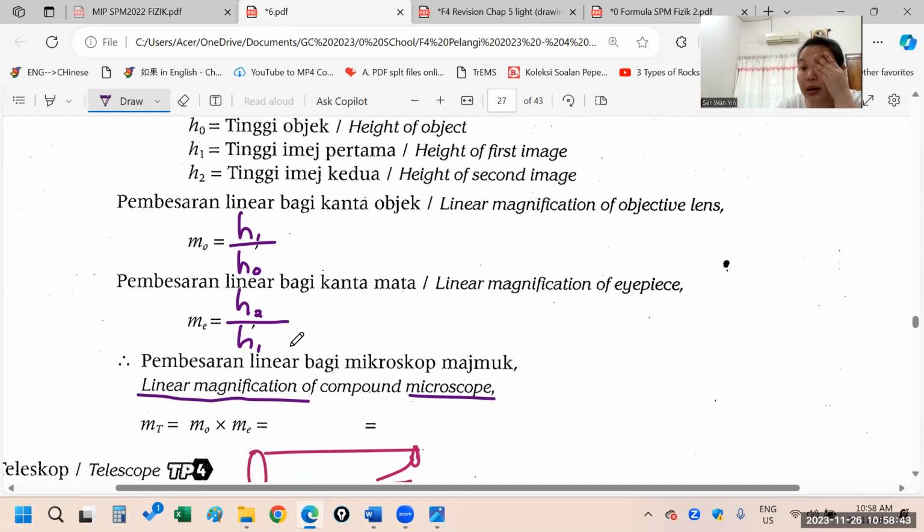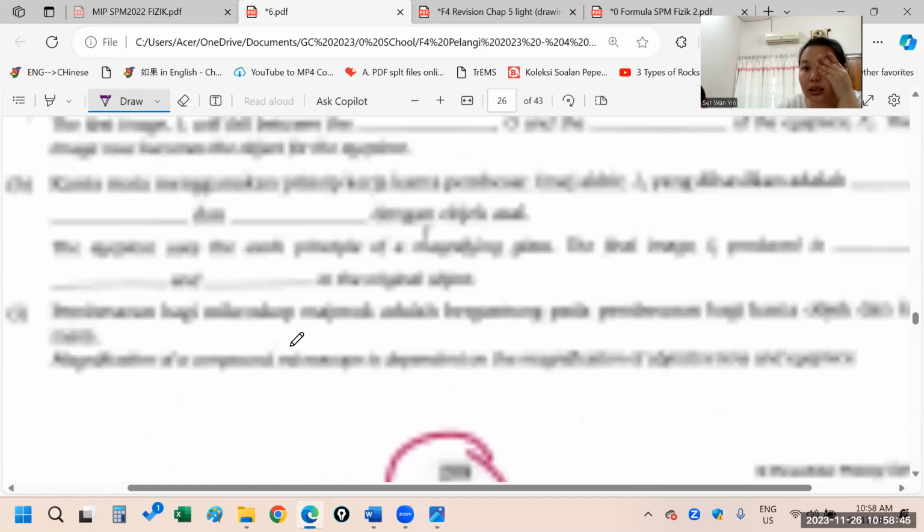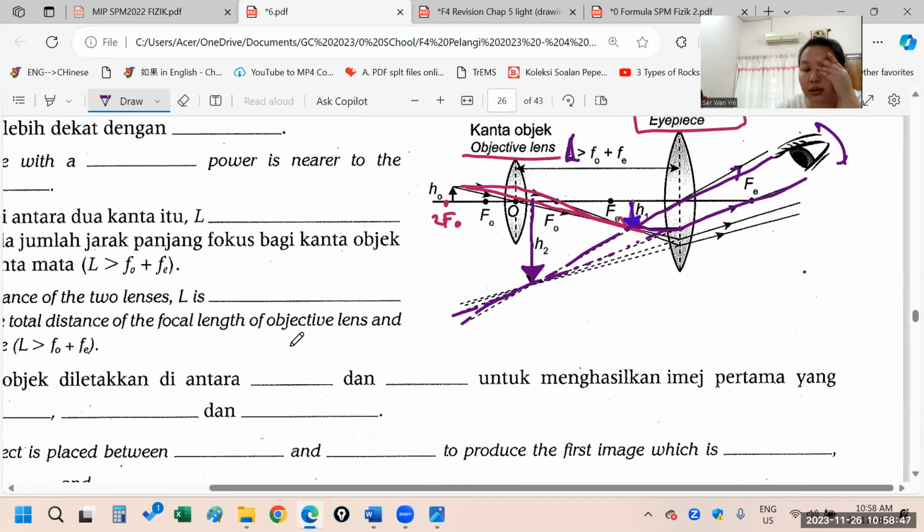So actually we have how many arrows? We have 1, 2, 3. Let's say here is HO, our original object. Then it will form image number 1. Then we use the eyepiece.